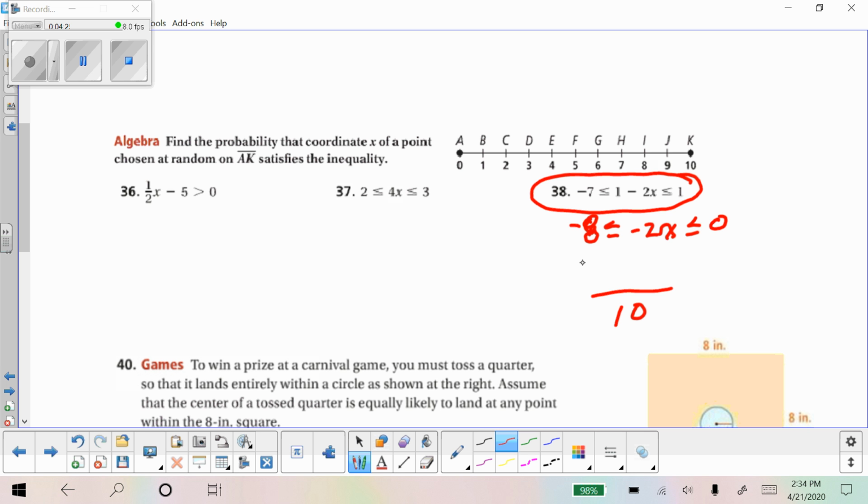Now we're going to divide everything by -2, and switch the signs when you divide by a negative. That gives us 4 greater than or equal to x greater than or equal to 0. So this segment from 0 to 4 is 4 total, and so it's going to be 4 out of 10, or 2/5.